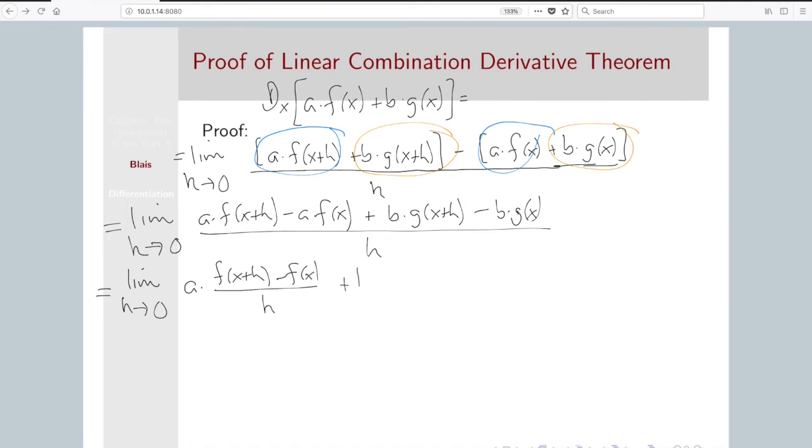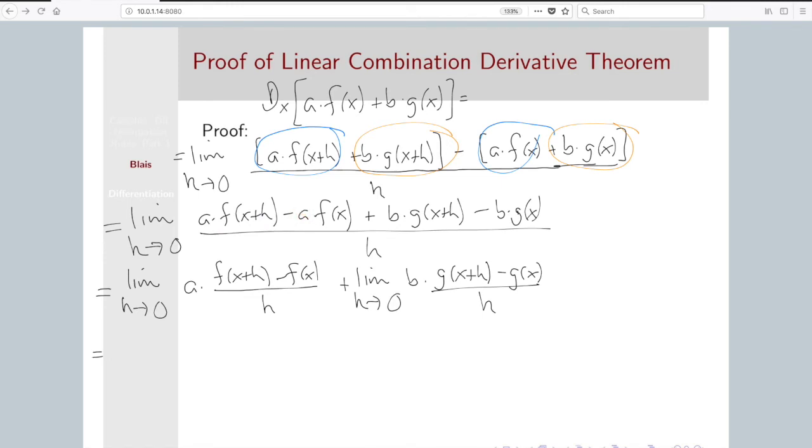And we're also going to use our limit law, our sum law, to split this up into the sum of two limits, which we know exist because the derivatives of f and g exist. So we split this into the sum of two limits and at the same time factored out the common b here in the g terms and the common a here in the f terms.